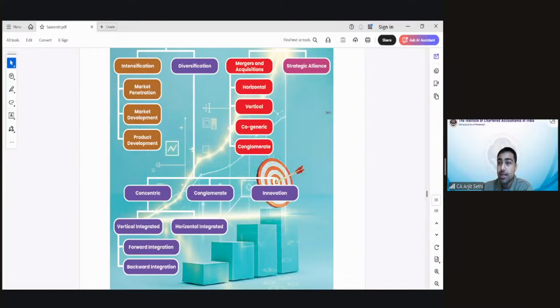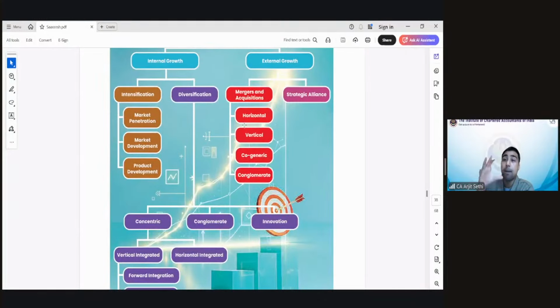Mergers and acquisitions, like we just talked about, you buy somebody's acquisition. You merge with somebody, it's called merger. Now, company A, company 2 come together to become a bigger company. That's a merger.